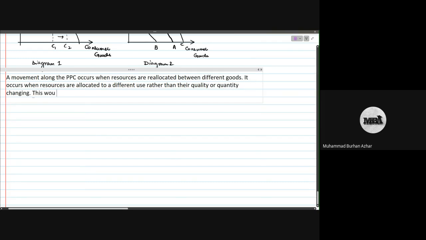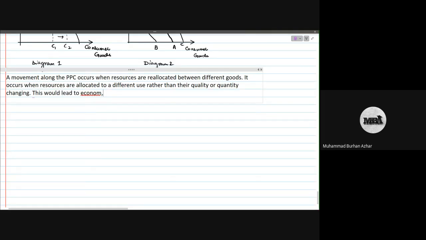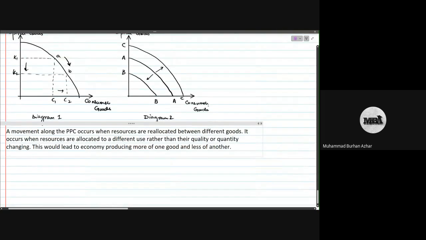This would lead to the economy producing more of one good and less of another, right? So basically, now we explain this diagrammatically.